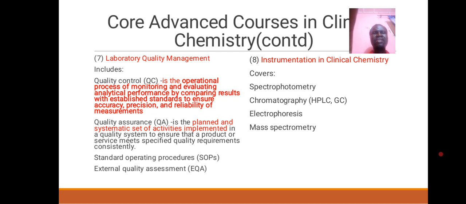Last semester, you guys also looked at quality management systems, and we are also going to look at instrumentation in clinical chemistry this very semester, looking at spectrophotometry, chromatography, electrophoresis, and mass spectrometry. These are some of the areas we are going to focus on this very semester.